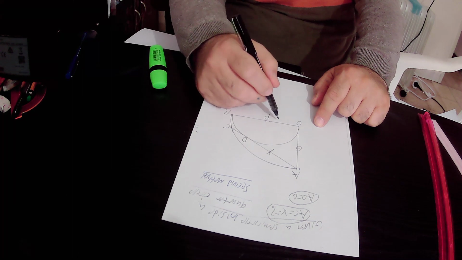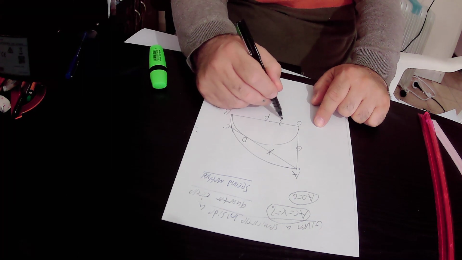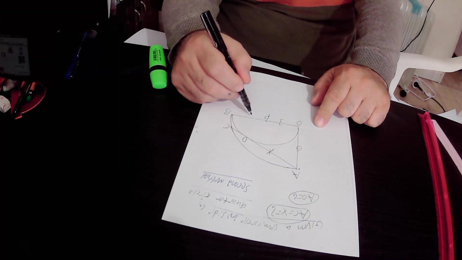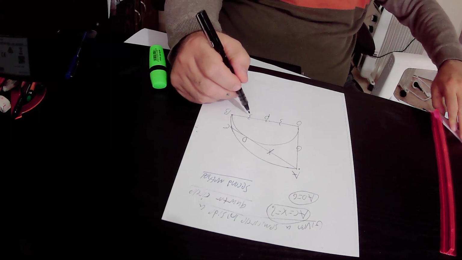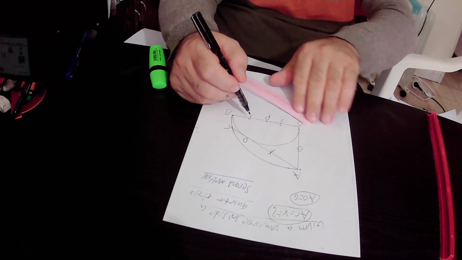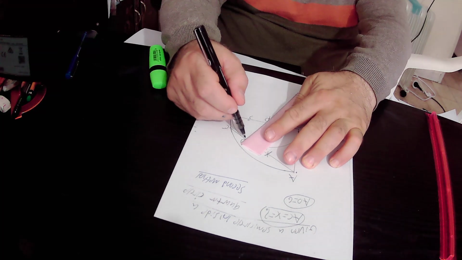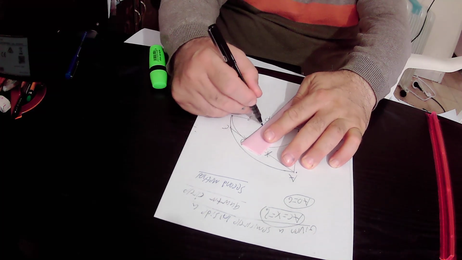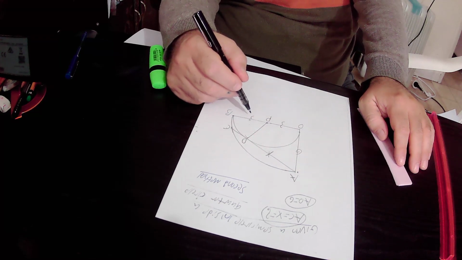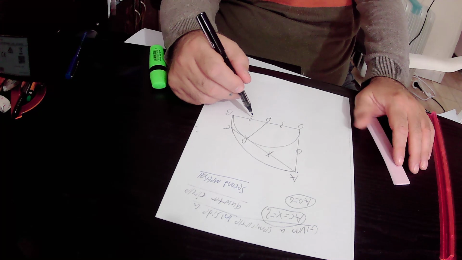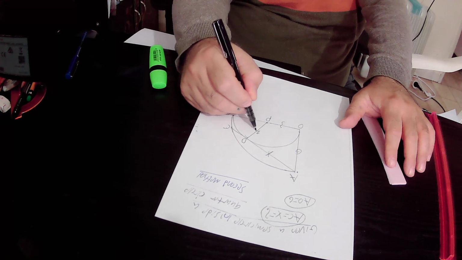OP is the radius of the semicircle that is equal to 3 units. PB is also the radius of the semicircle that is equal to 3 units. Here PD is also the radius of the semicircle that is equal to 3 units.